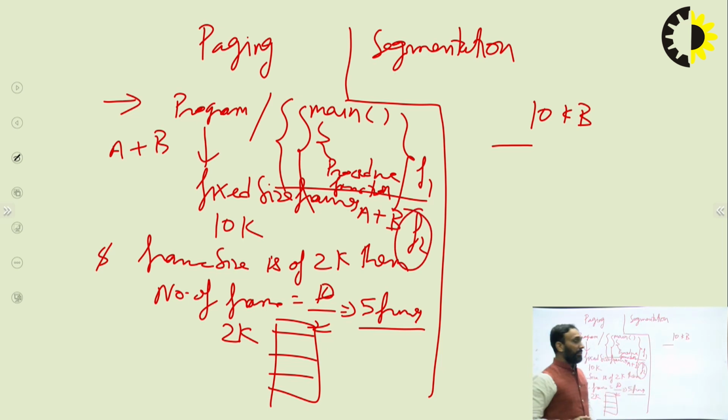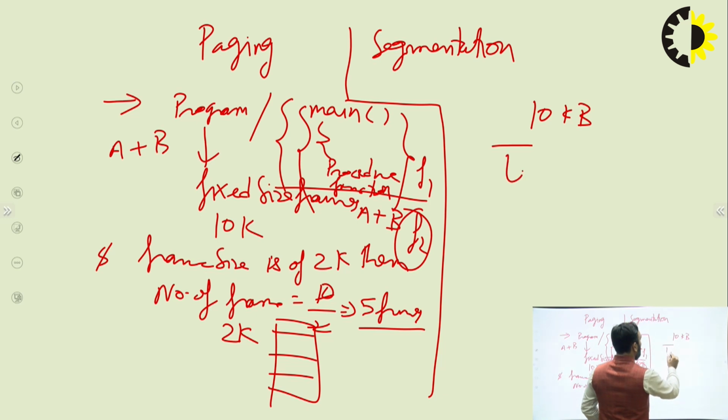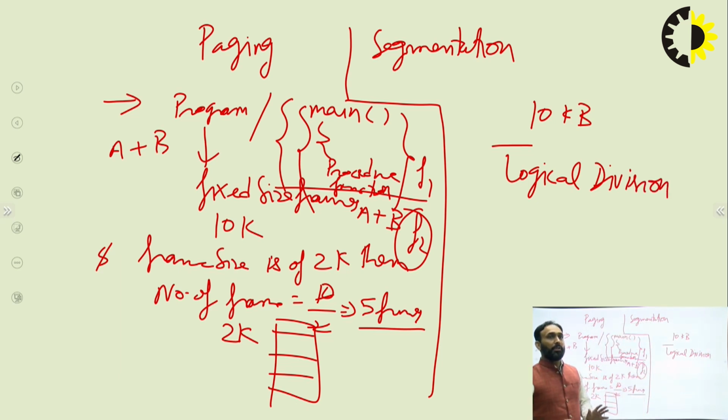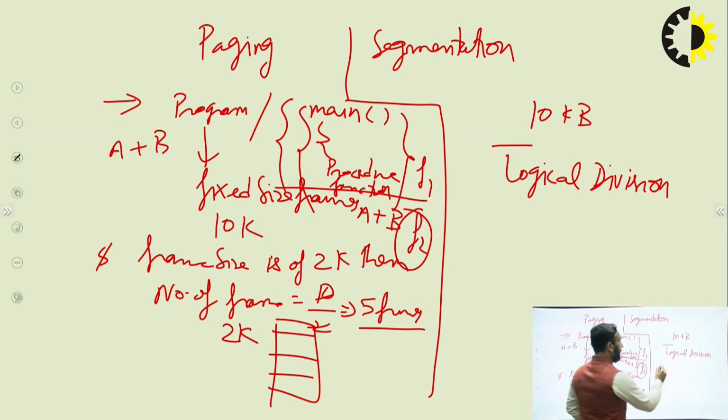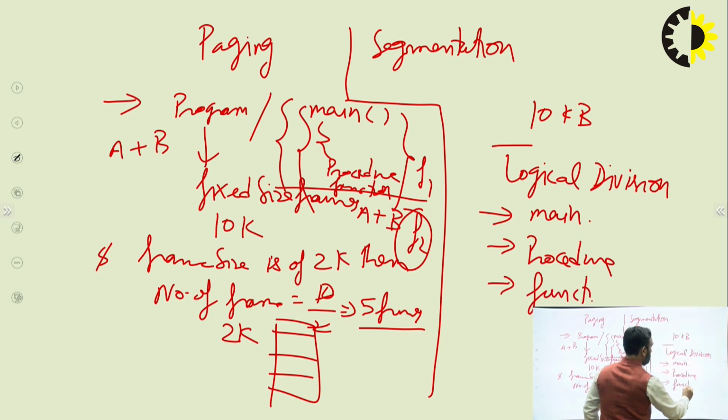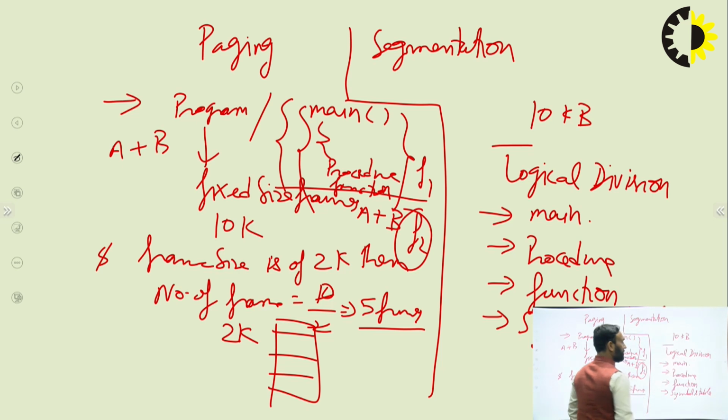But in segmentation, it is done according to a logical division. What is logical division? Logical division is done according to the customer, according to the user requirement. How will it be done? The first segment is made of, just like, main, procedure, functions, different symbols and tables we use in a program.